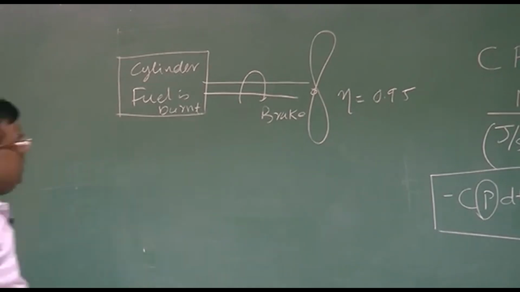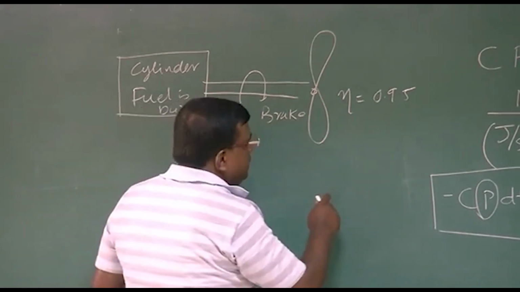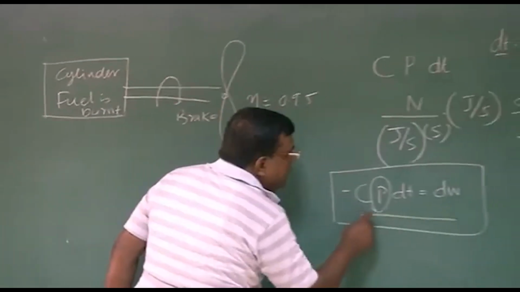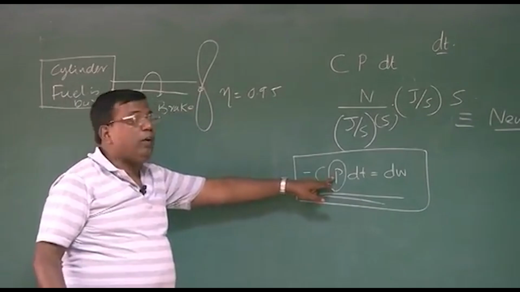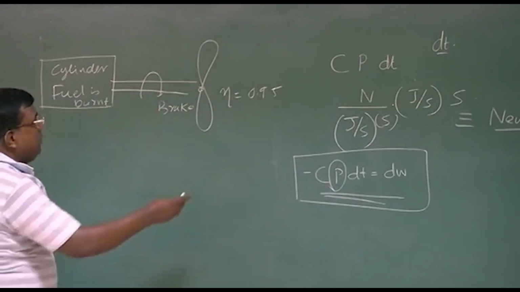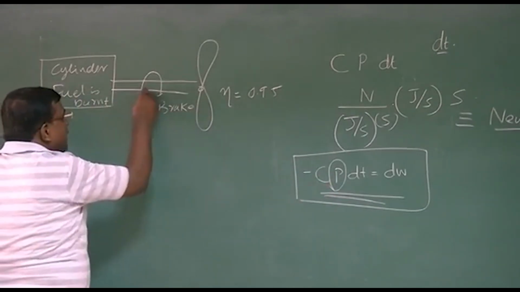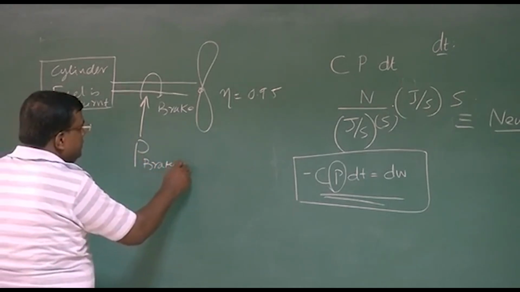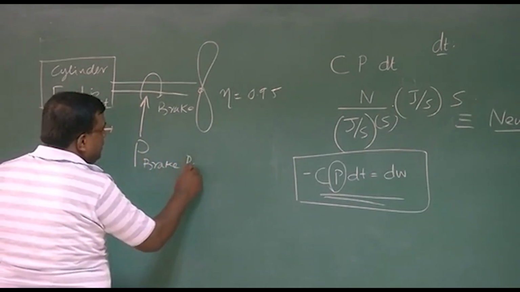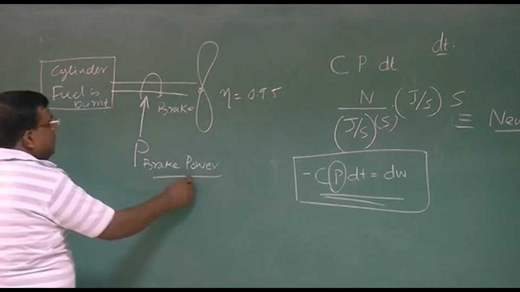Now please understand, since this is related to the fuel consumption, and this power is coming because fuel is consumed, this P is the power available at the brake, that is, brake horsepower or brake power. Horsepower is a unit.